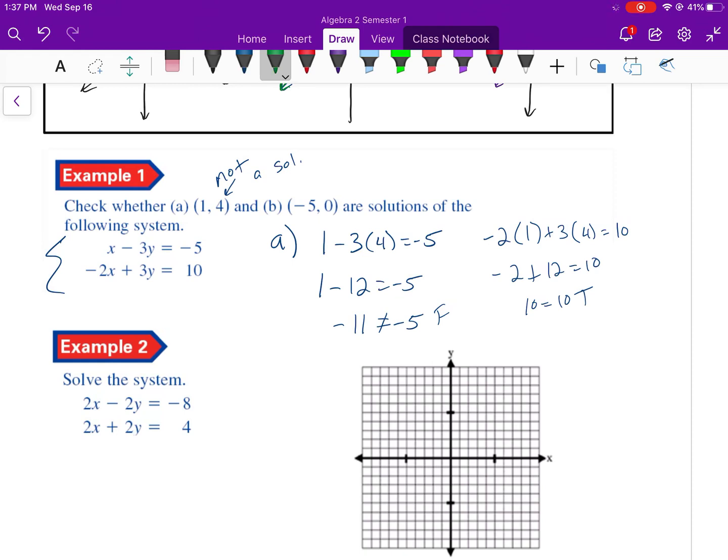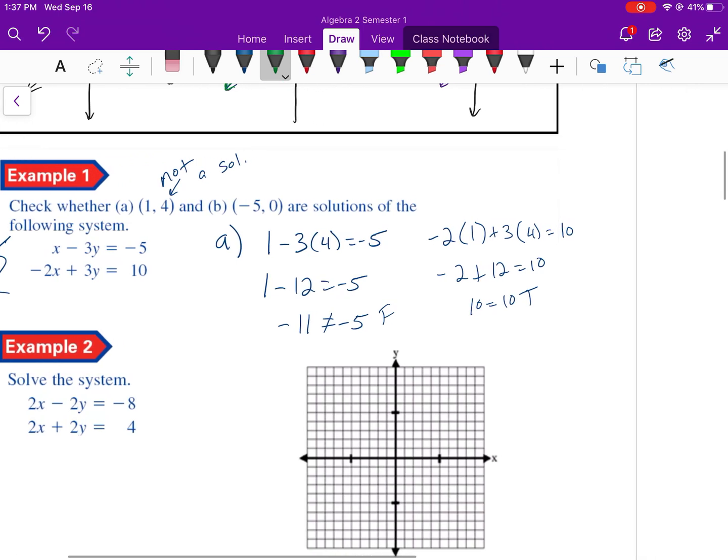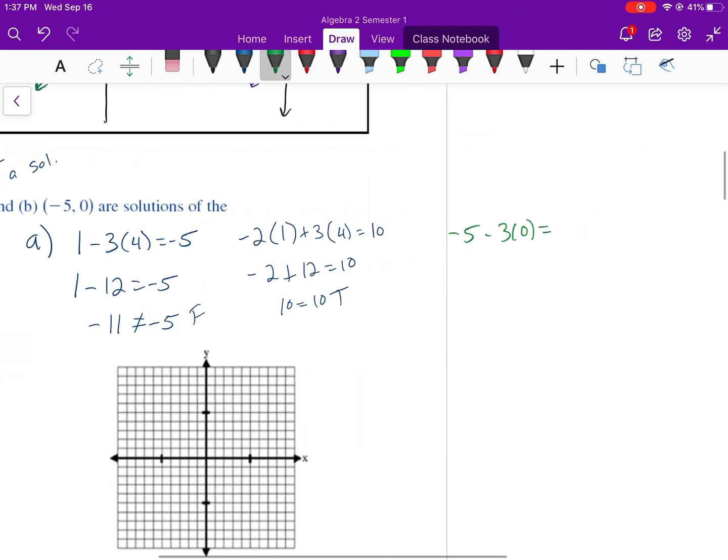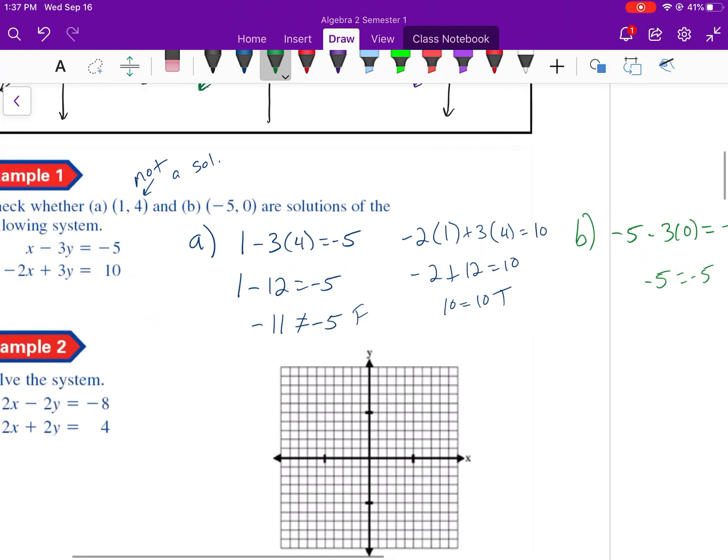Let's go ahead and check B there. So we've got x minus 3y. Negative 5 minus 3 times 0 is equal to negative 5, or negative 5 equals negative 5. So that one's good. But we have to check the second one as well.